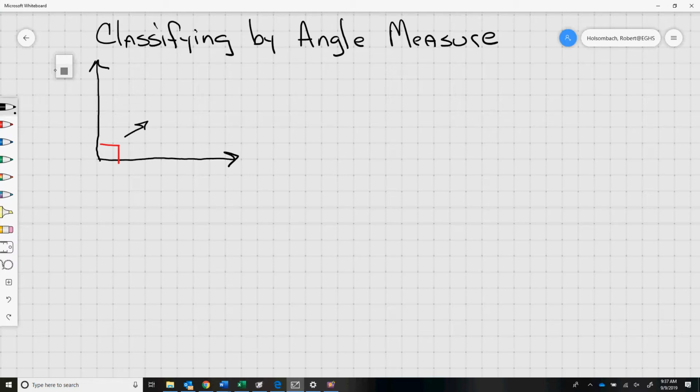We want this in here. This means 90 degrees. Alright, a 90-degree angle is called a right angle, and a right angle equals 90 degrees.